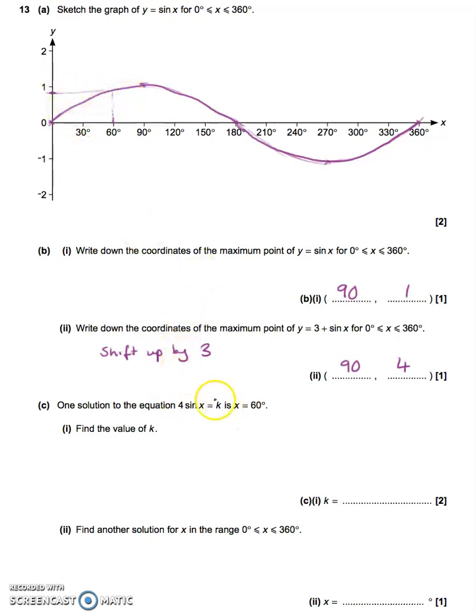So to work that out, we need to know that sine 60 is something in particular. We can substitute that 60 in here: the value of k equals sine of 60.